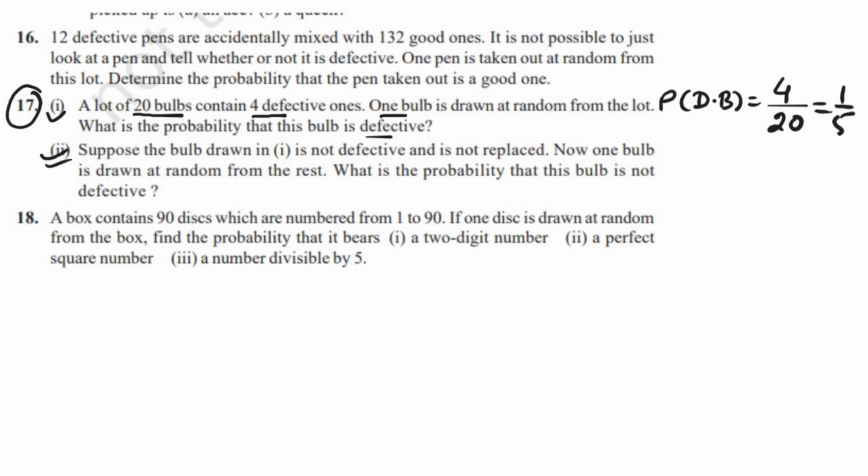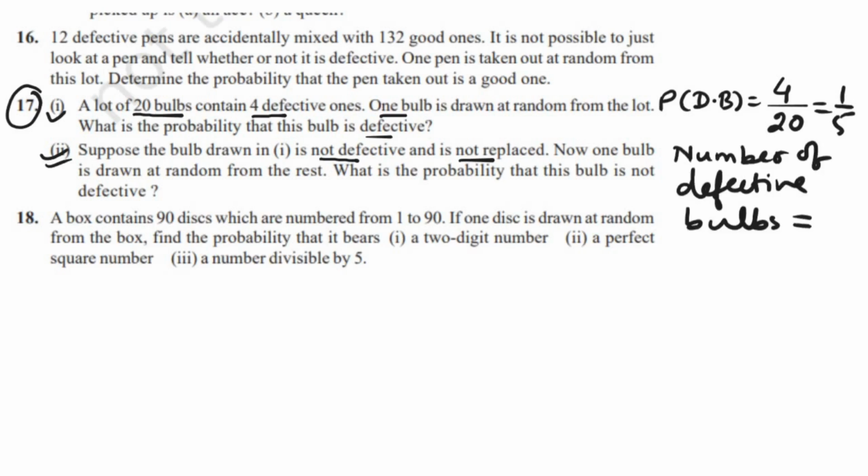The second bit, suppose the bulb drawn in bit 1 is not defective and not replaced. So in this case, we still have the 4 defective bulbs, but the 16 good bulbs have now reduced to 15 good bulbs. The number of defective bulbs is still 4, because according to the statement, the bulb drawn in the first bit is not defective.